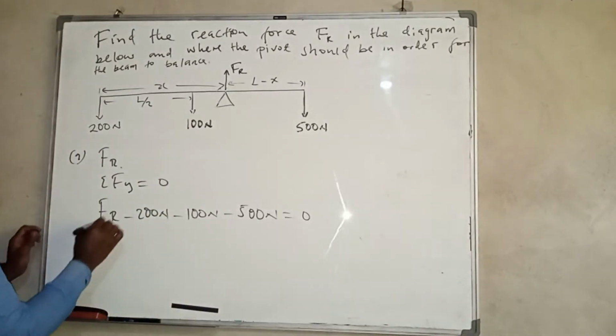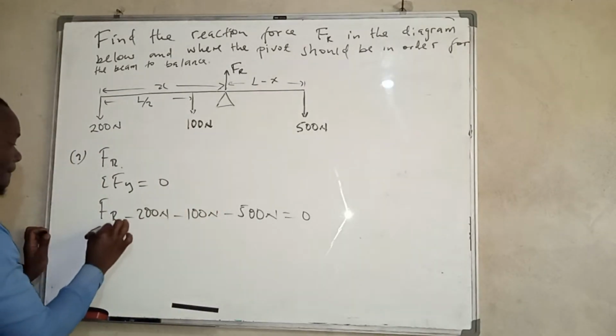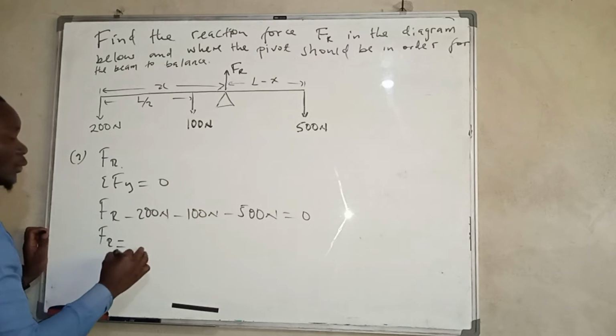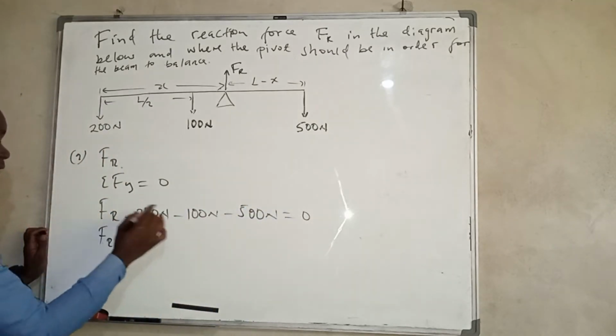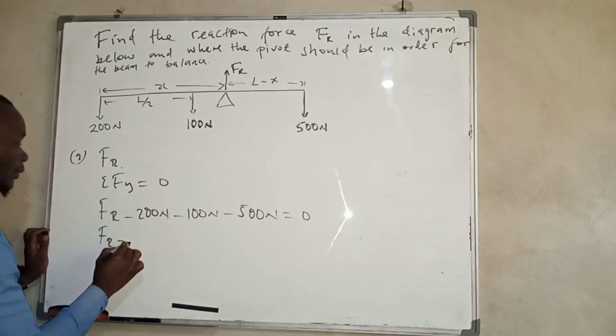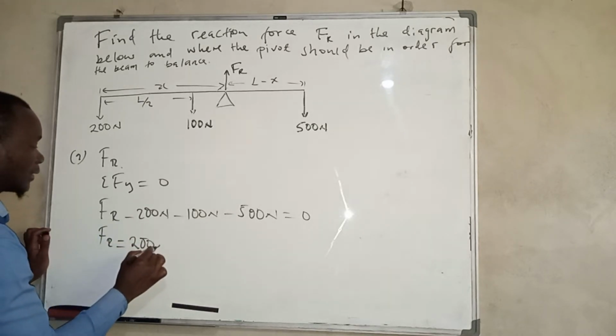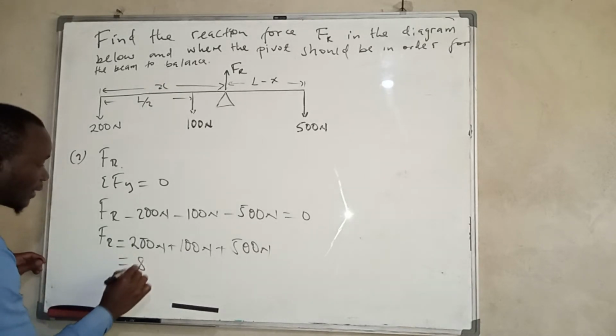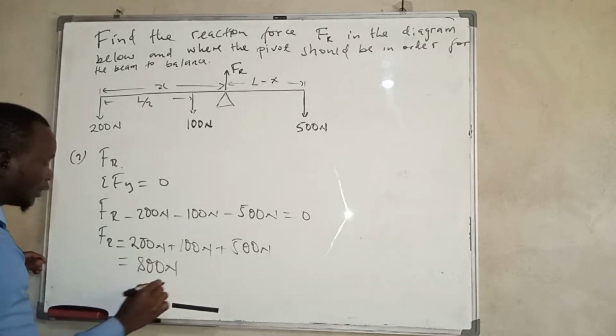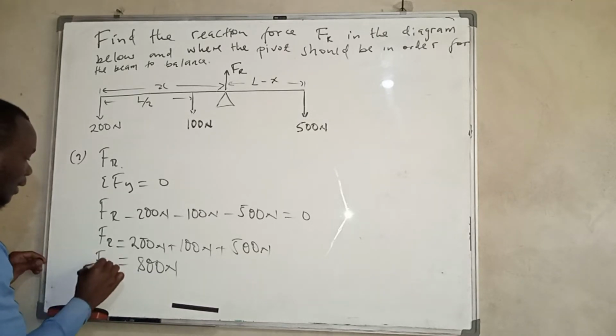So from this one, Fr is equal to, when they cross the equal sign, they all become positives. So we are going to have positive 200 newtons, 200 plus 100 plus 500, we're going to have 800 newtons.